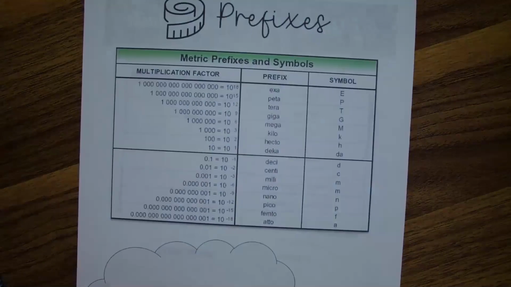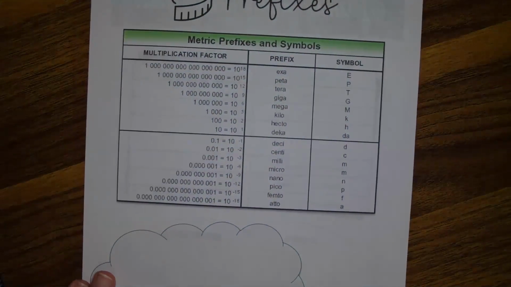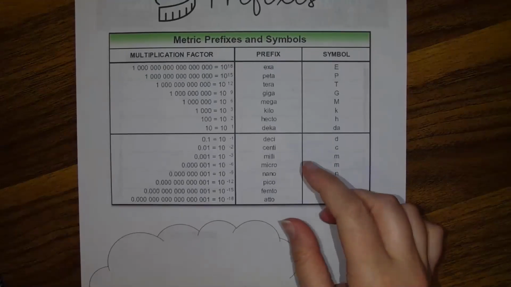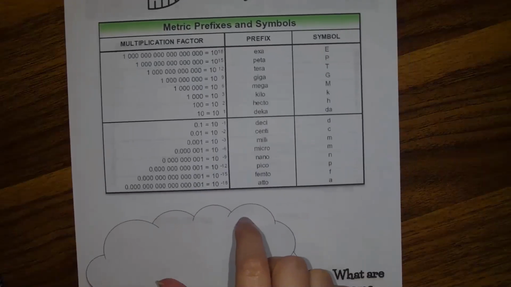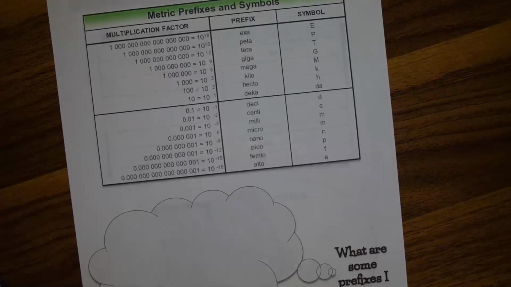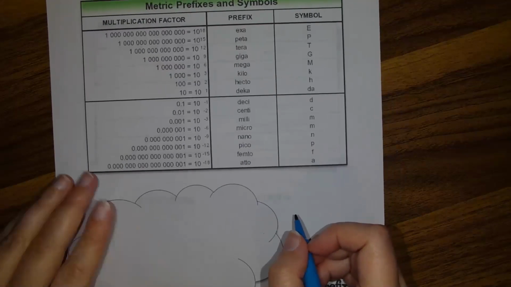We also have a bunch of other types of prefixes that you have been given in your note packets. The ones I gave you were just the first three, but some other ones that would be good for you to know would include, have anybody heard of gigabytes? Gigabytes. We also have kilo, mega, nanometers, micrometers.